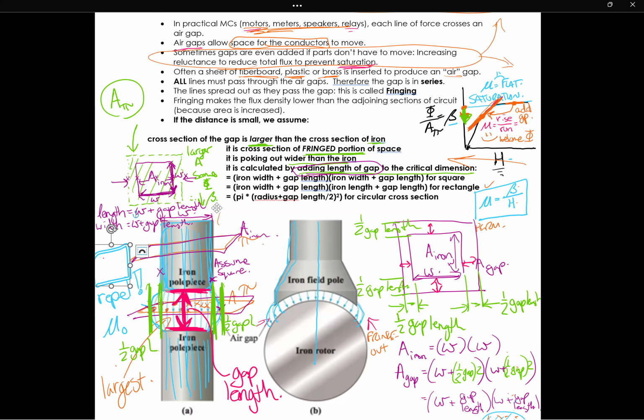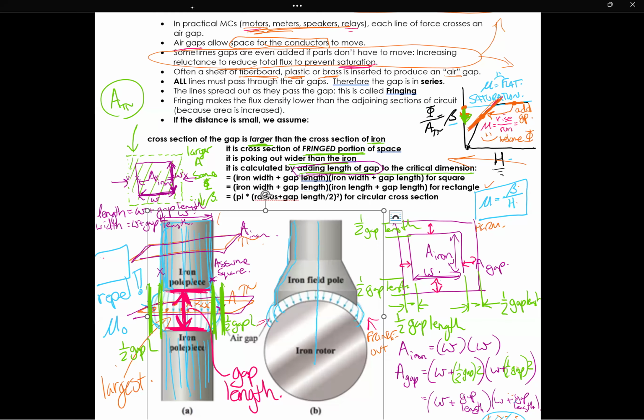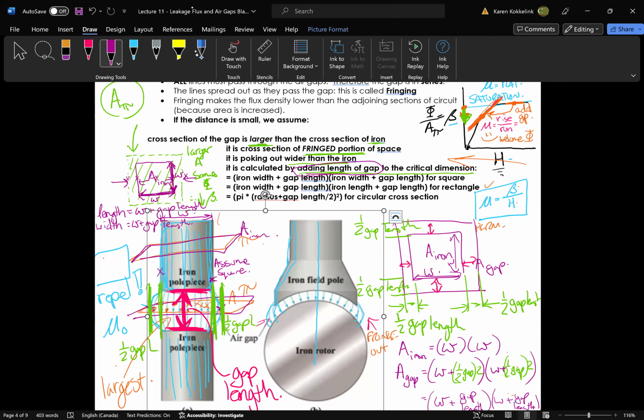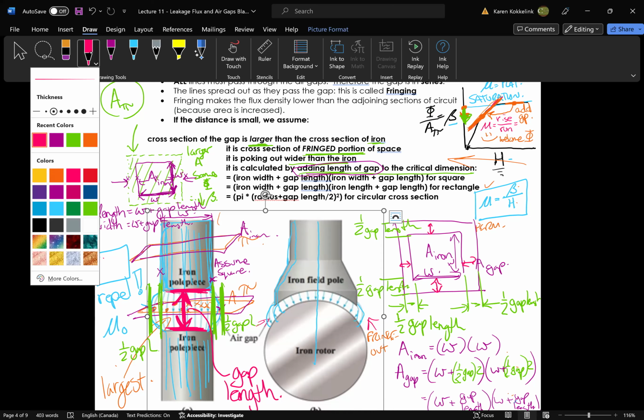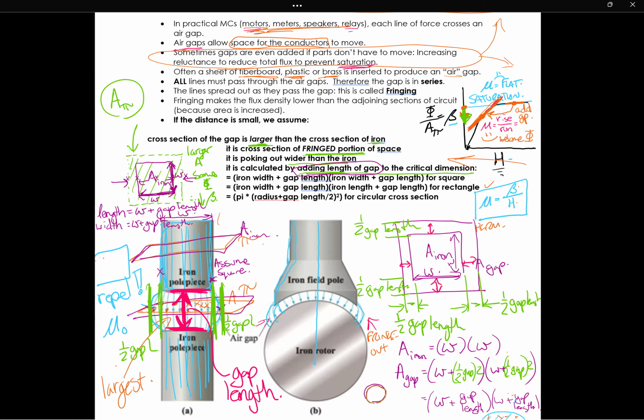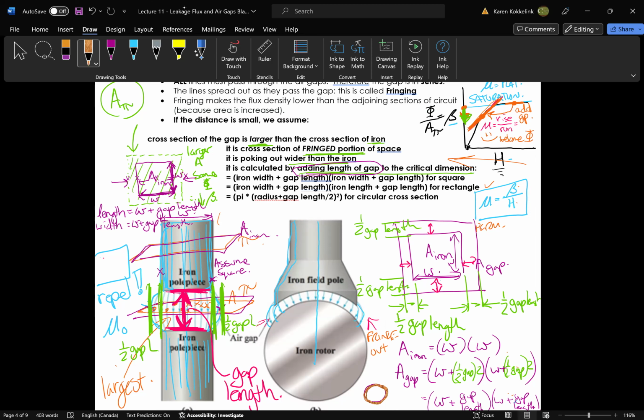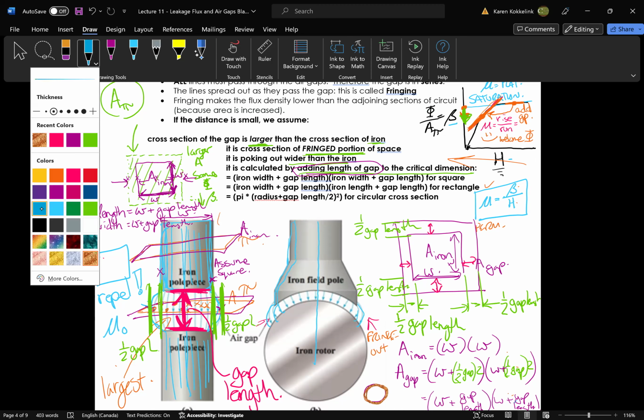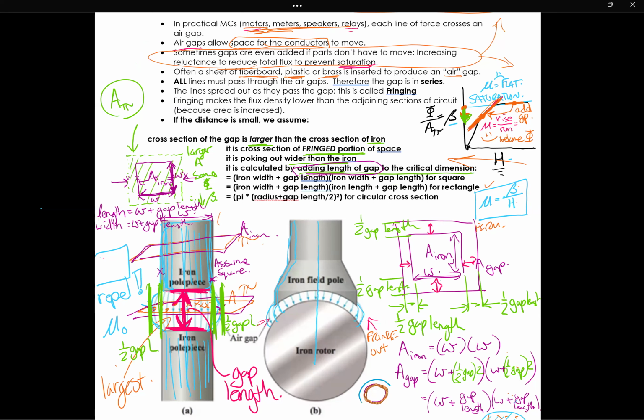Then the circular cross section, let me do that in a different color, is going to look like this. Whoops, of steel. Then the gap would look like this. The gap would look like this.